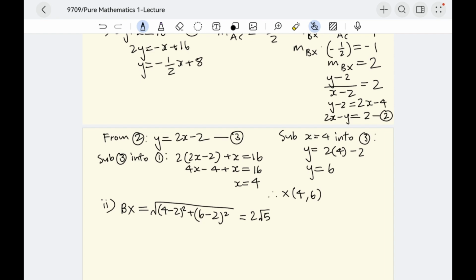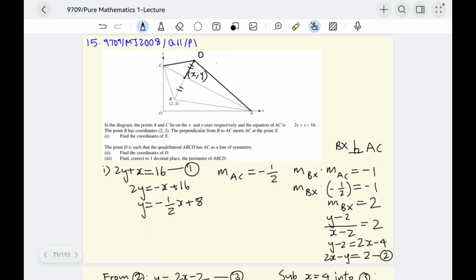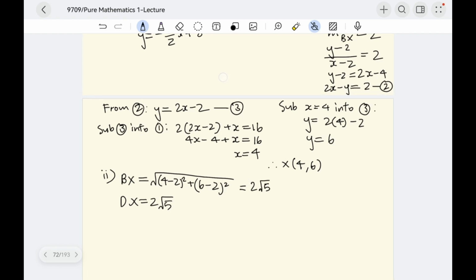So the distance of DX is also 2 root 5, just that we don't know the coordinates of D, right? So instead, we can express the distance DX in terms of x and y, correct?